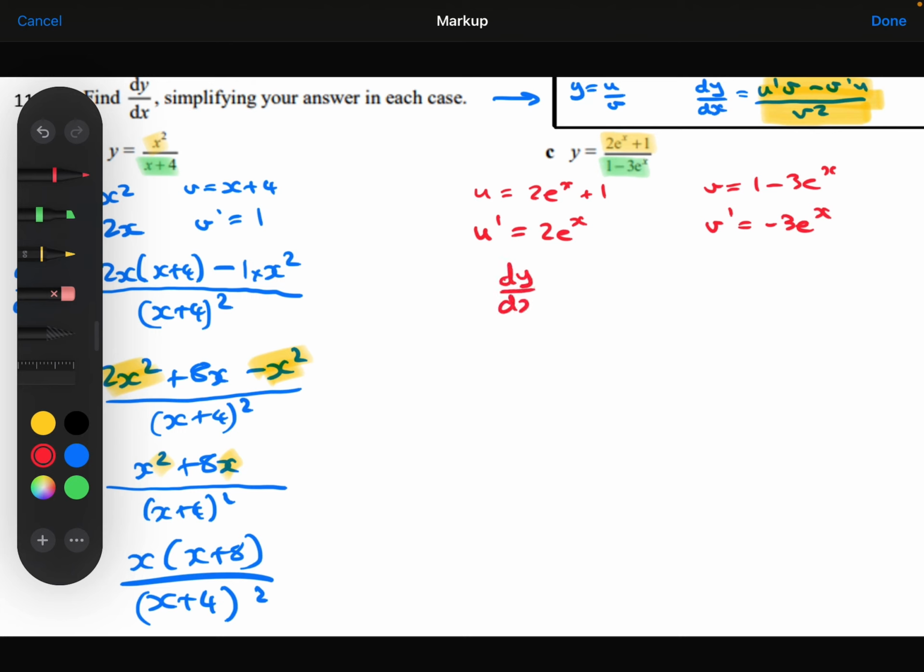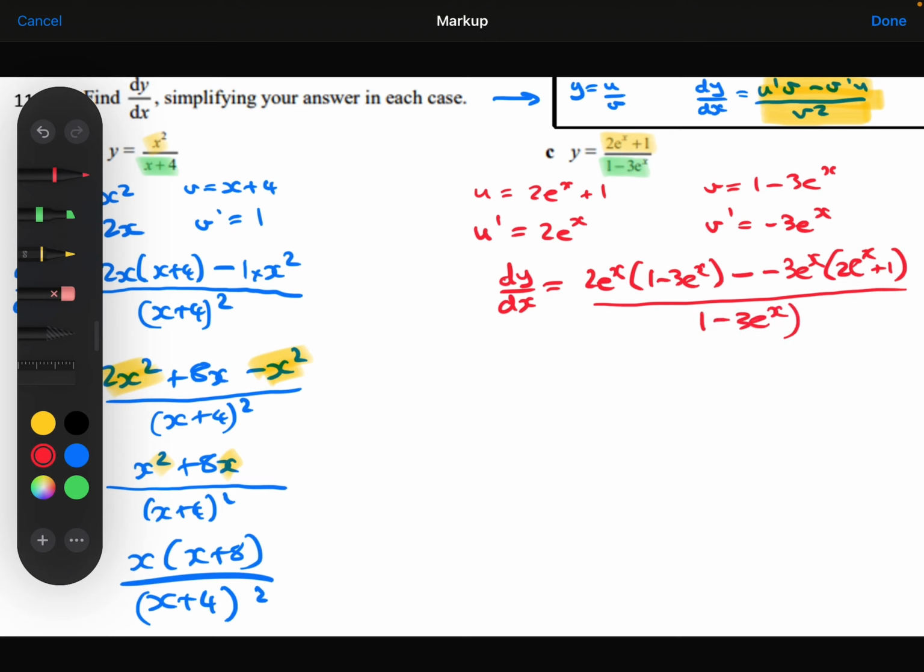Now applying the quotient rule. So u dash times v, minus v dash times u, all over v squared.